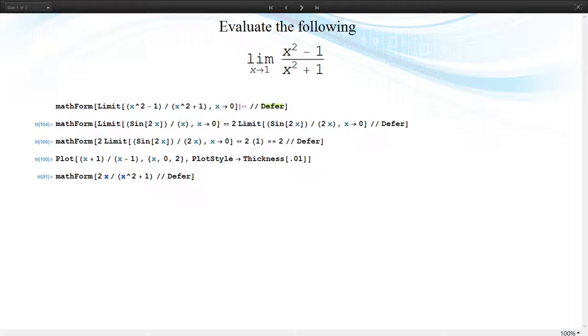And that should equal the limit, well, when we factor it, we're going to get x minus 1 times x plus 1 in the numerator. And in the denominator, we can't factor.